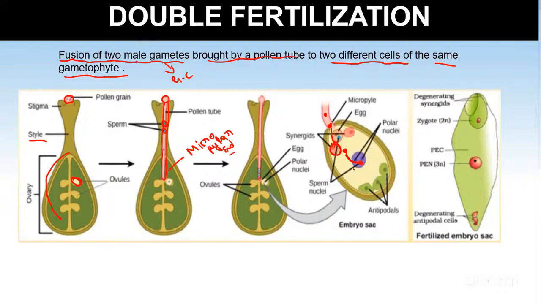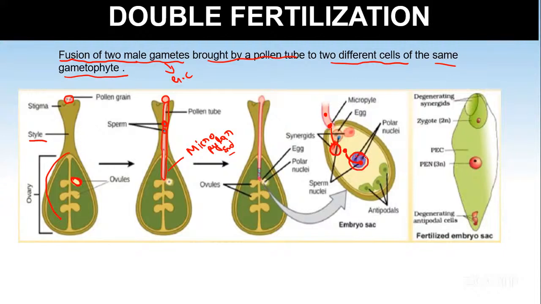The male gamete does not fuse with the synergid cell. It just enters the synergid because the synergid and the filiform apparatus guide the pollen tube entry, right? The male gamete enters the synergid and the synergid bursts out. That male gamete is going to combine with the central cell.